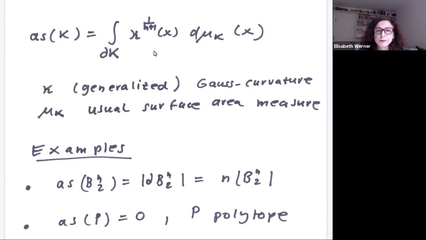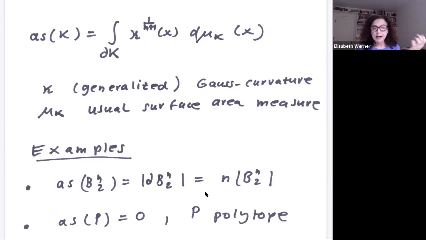Well, if we look at the definition, the Gauss curvature of the Euclidean unit ball is just 1. So we'll be integrating just over the boundary of the Euclidean unit ball. What we get for the affine surface area of the Euclidean unit ball is just the usual surface area, which is n times the volume of the Euclidean unit ball.